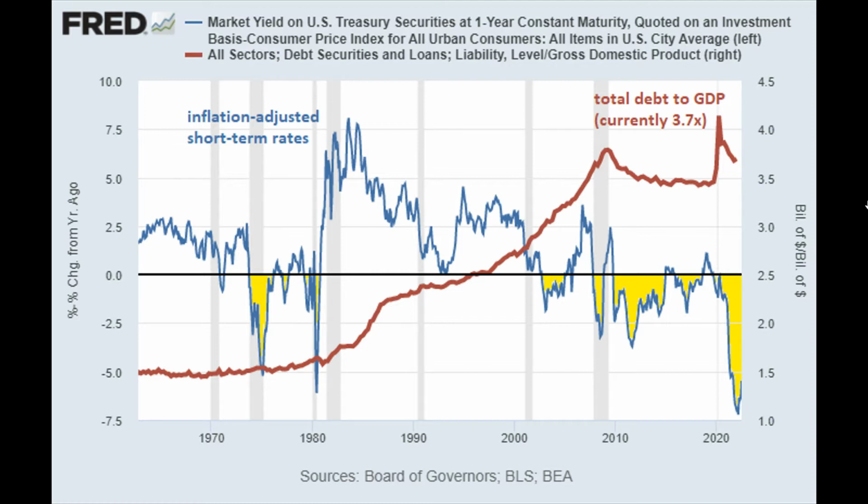When people use the term real rates, they don't mean nominal interest rates, they mean inflation adjusted short term rates. Basically, that is taking nominal interest rates, so the yield on treasury maturities, subtracted by the total inflation number.